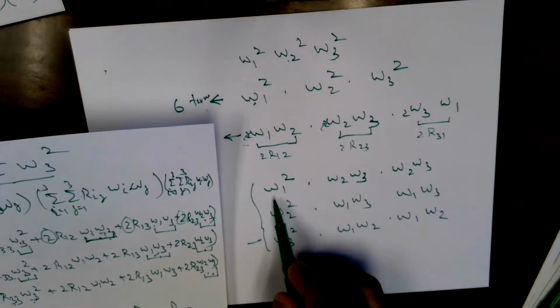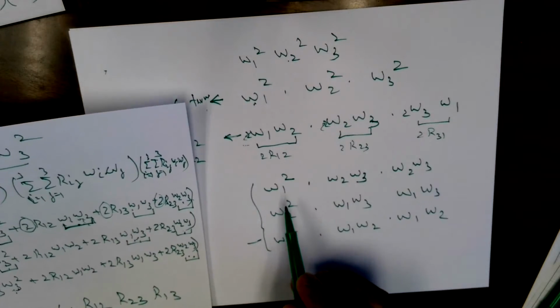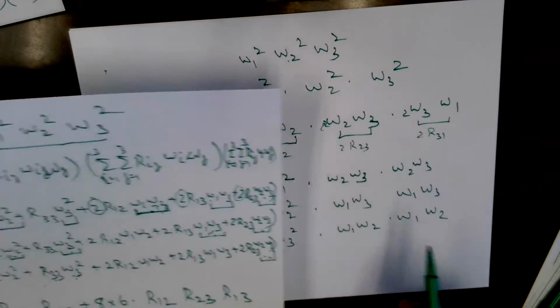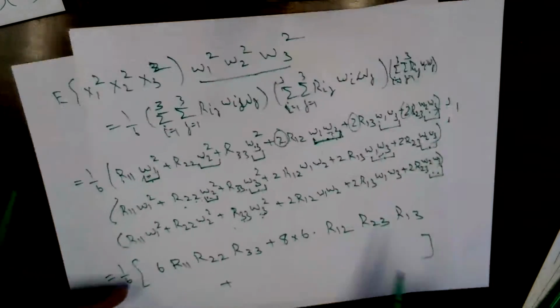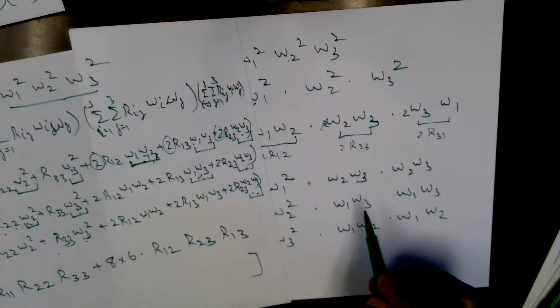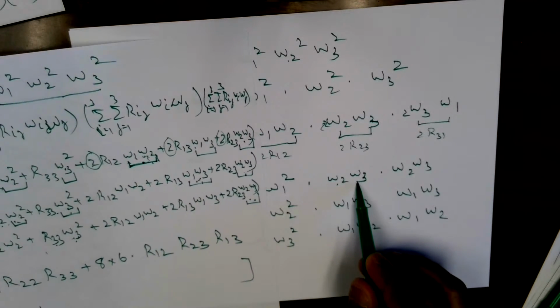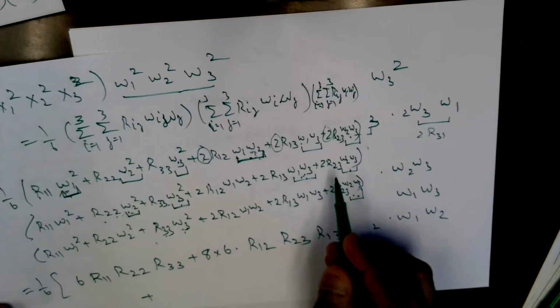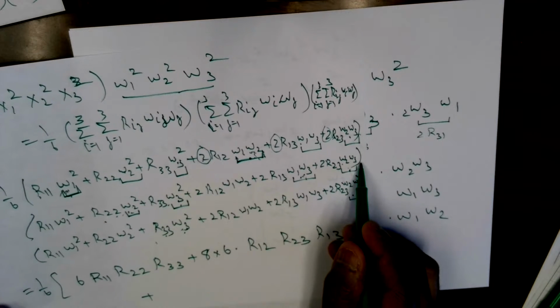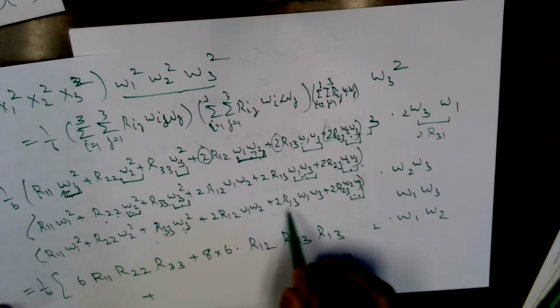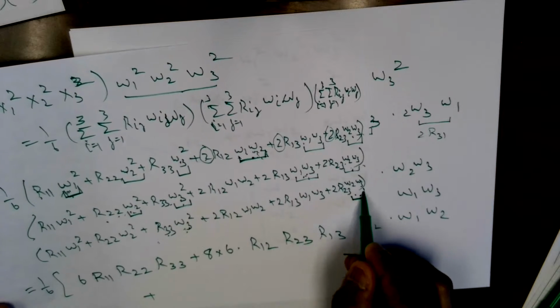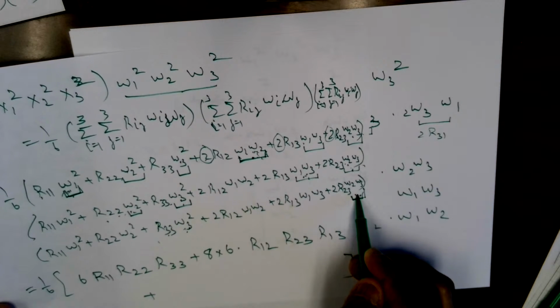Now, if you go to the last one, which is omega 1 squared. If you pick up omega 1 squared, then you have to have omega 2, 3. So omega 2, 3 is just 1, 2, 3. And in the next one, there is another 1, 2, 3. So just 1 multiplied by 1.